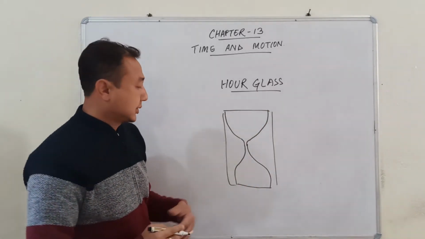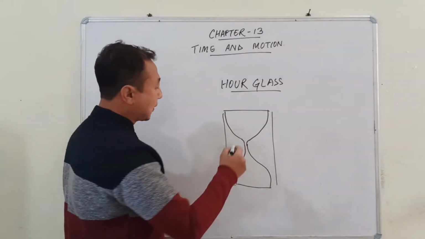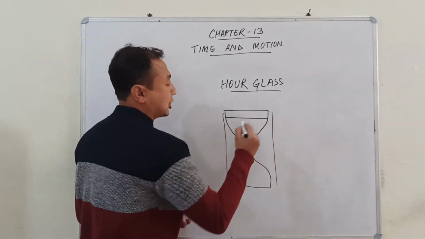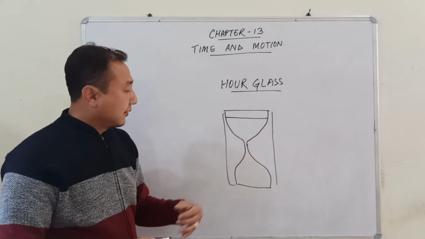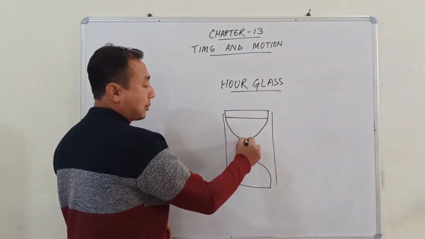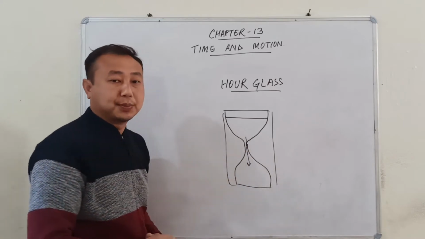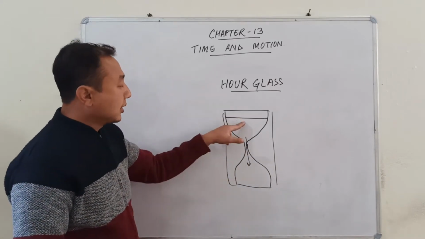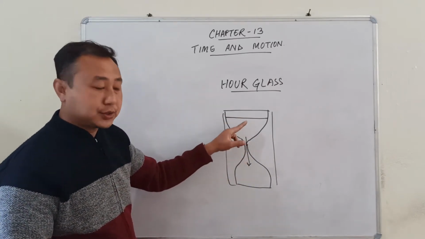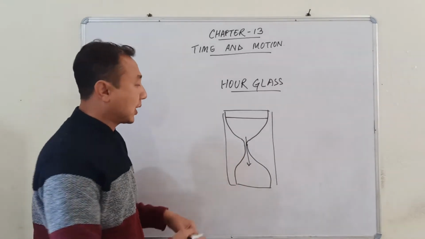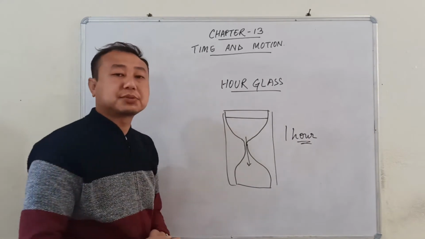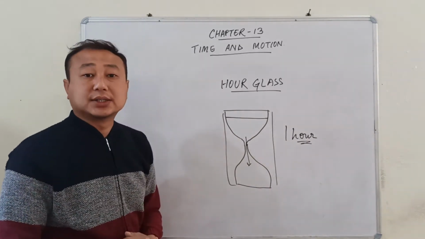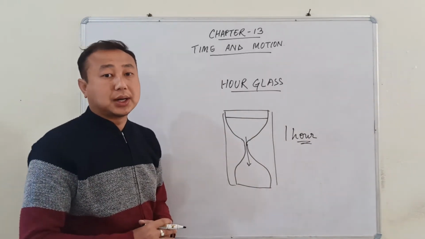In this hourglass, the upper chamber of the glass will be filled with a particular amount of sand. When the hourglass is kept in this position, the sand from the upper chamber will be flowing down towards the lower chamber. When the sand gets completely emptied from the upper chamber to the lower chamber, it takes exactly 1 hour. Because of this reason, this device is known as the hourglass.